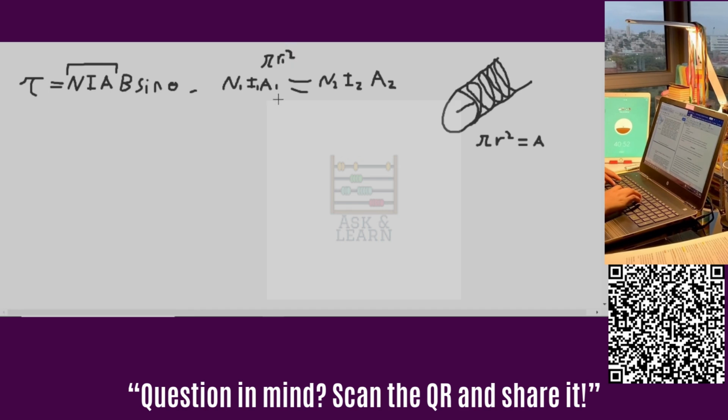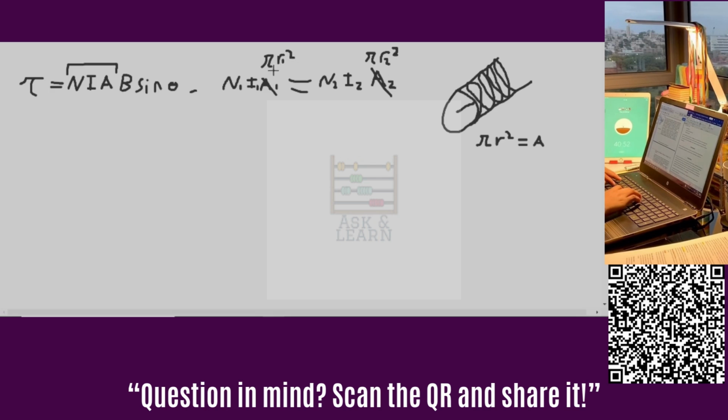So now the A is gone and it has become pi r1 squared. This A is gone and it has become pi r2 squared. So we need to find r2.